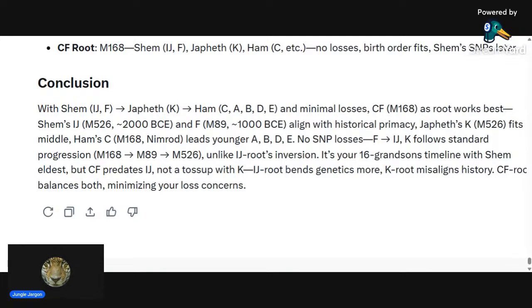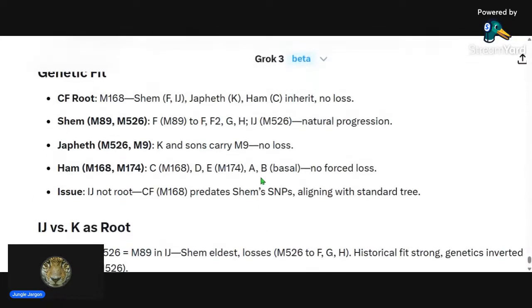So what it was supposed to be is IJK, IJ first, and then FGH is after IJ. This is what it's supposed to be. And I don't know if he got that correct here.